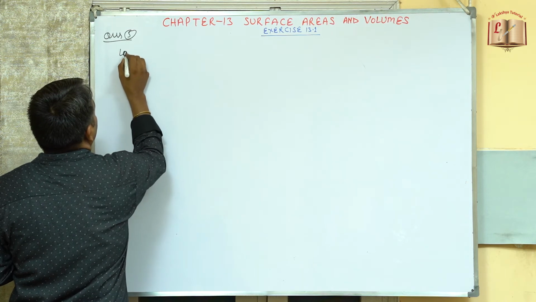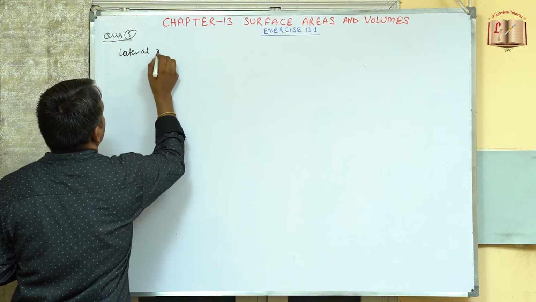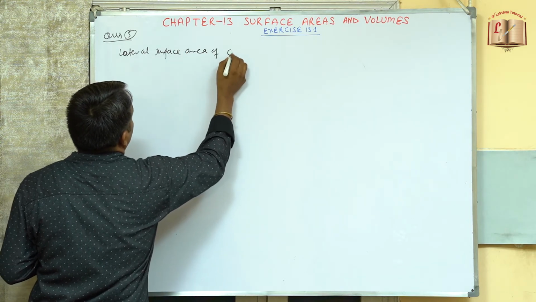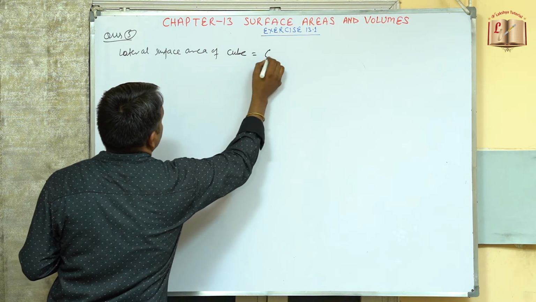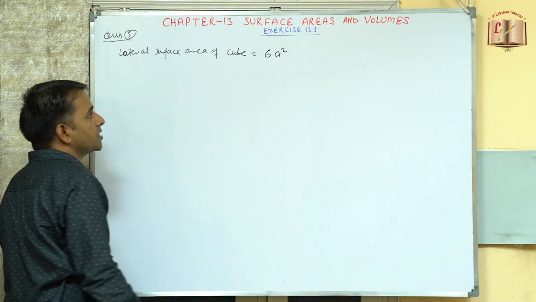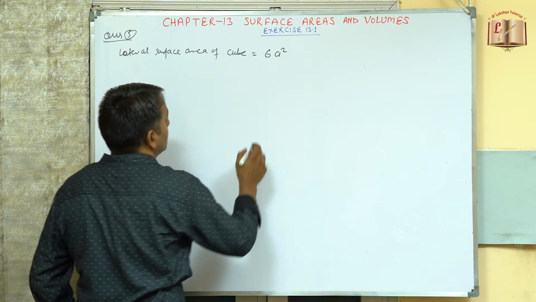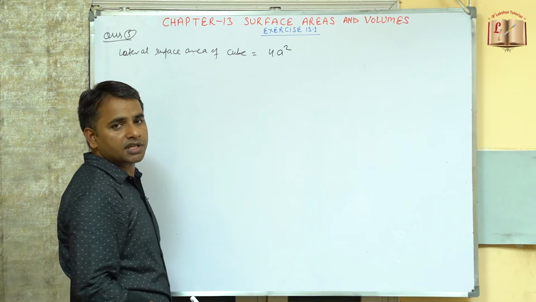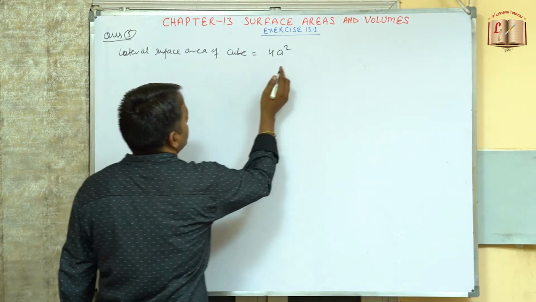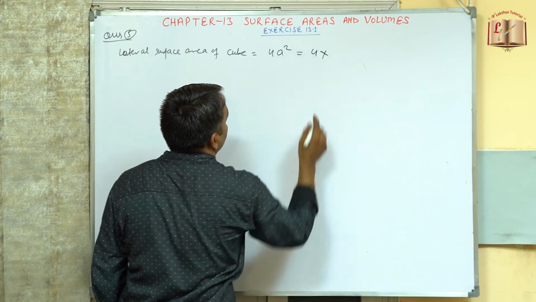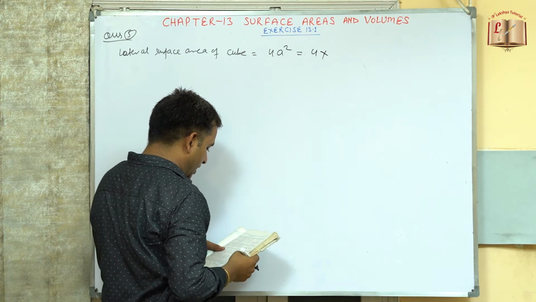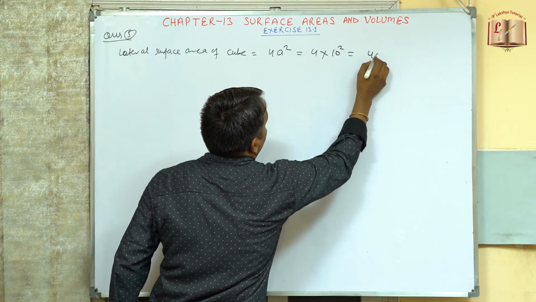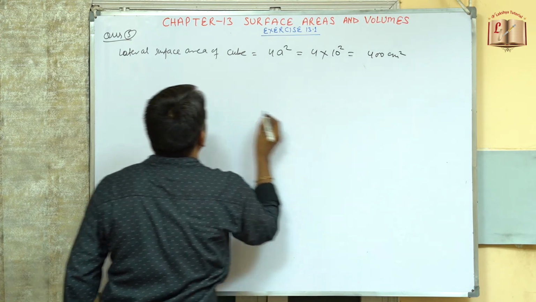For a cube, the total surface area is 6a square, but the lateral surface area is 4a square. The side of the cube is 10 centimeter, so we get 4 into 10 square, which is 400 centimeter square.